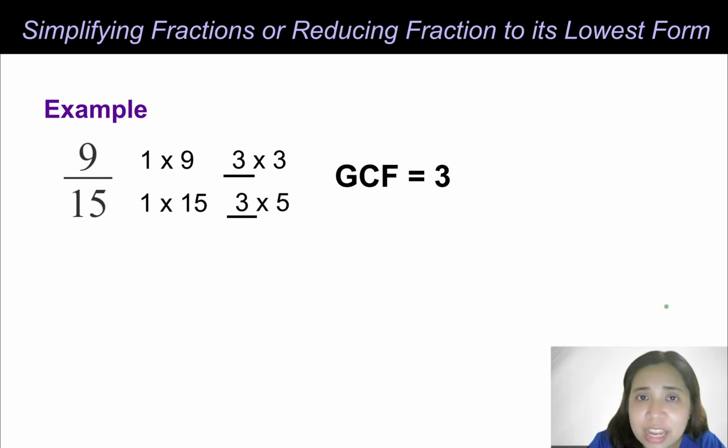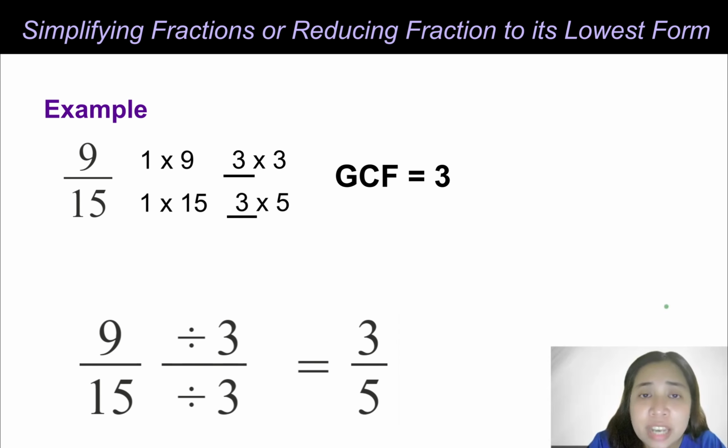And then, i-divide natin yung ating numerator and denominator by 3. So, we have 9 divided by 3 is equal to 3, and 15 divided by 3 is equal to 5. So, ang simplest form ng 9 over 15 is equal to 3/5.